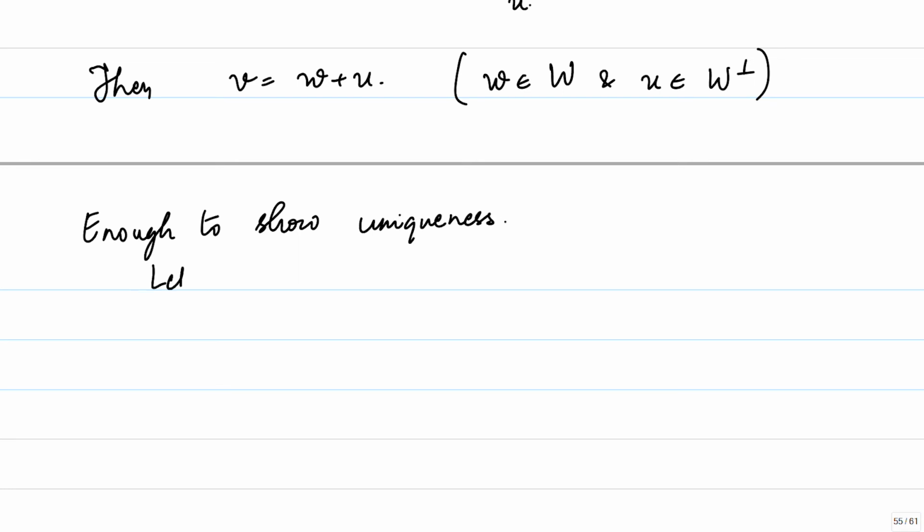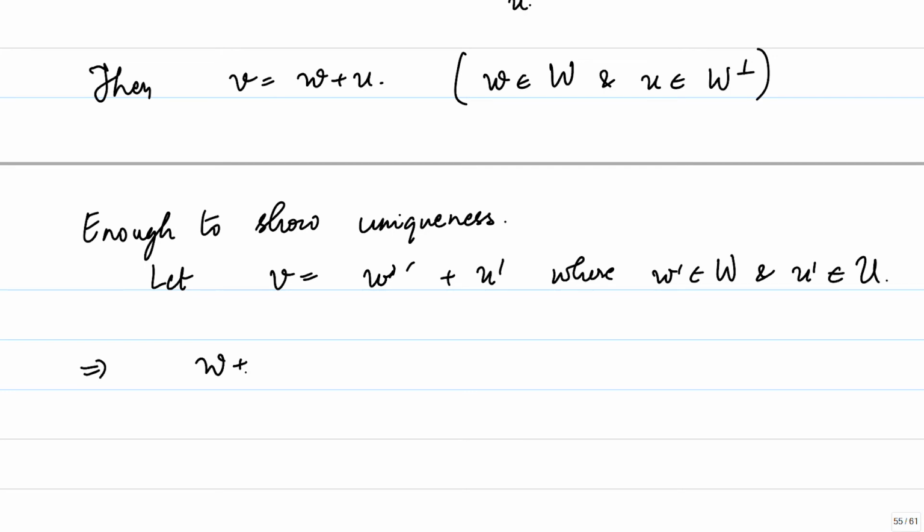So let v be equal to w prime plus u prime, where w prime is a vector in capital W and u prime is a vector in the orthogonal complement of W. That means w plus u is equal to w prime plus u prime, or this implies that w minus w prime is equal to u prime minus u.